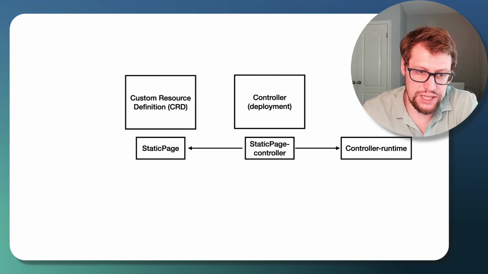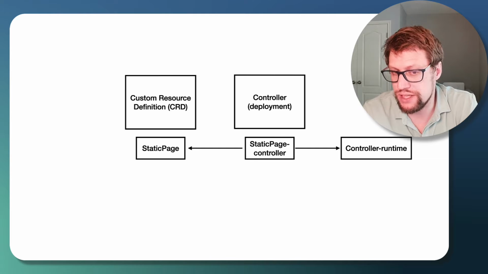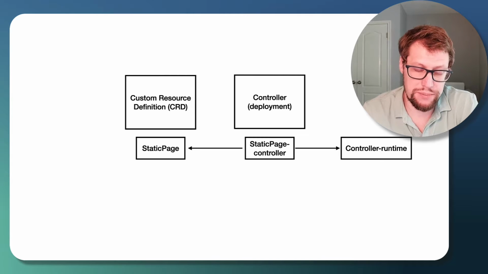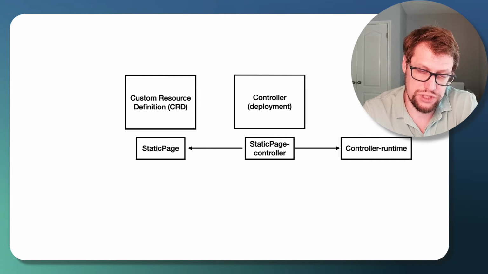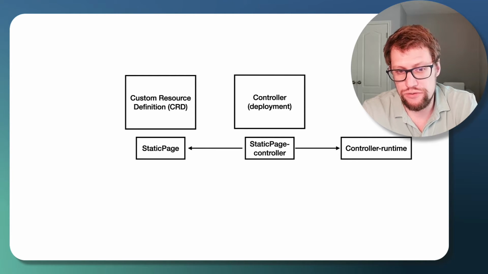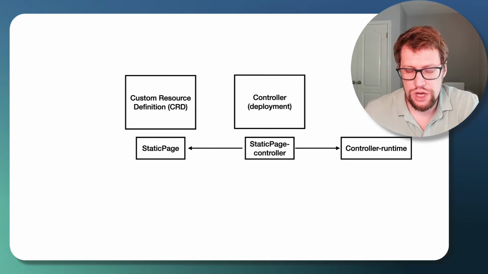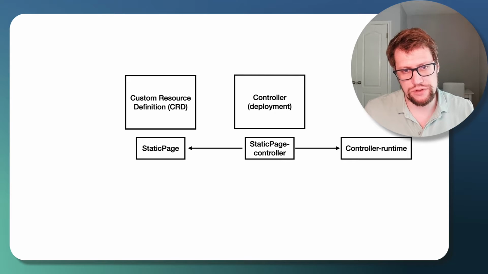If the static page resource is updated, then update this container. If the static page is removed from the Kubernetes API server, then remove this resource, this deployment, this pod from the Kubernetes cluster. So it should be fairly straightforward. So I will show you what code is necessary for that.